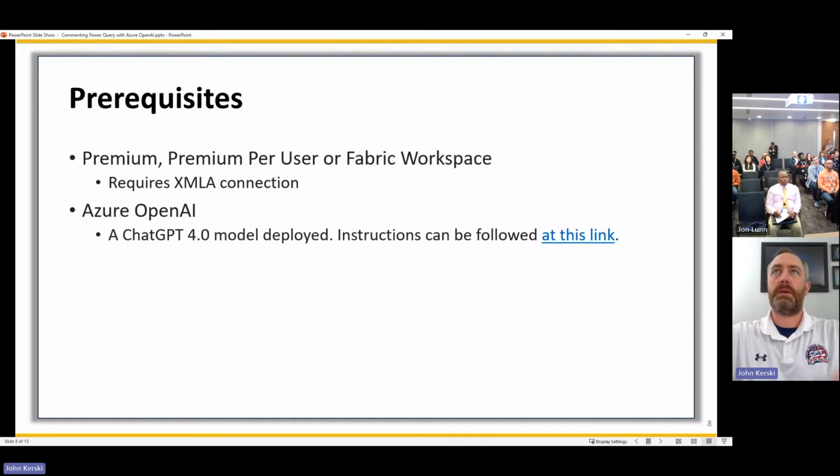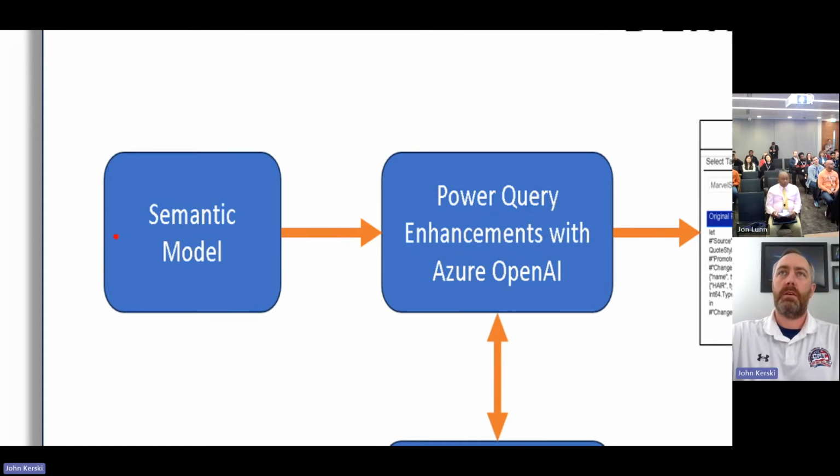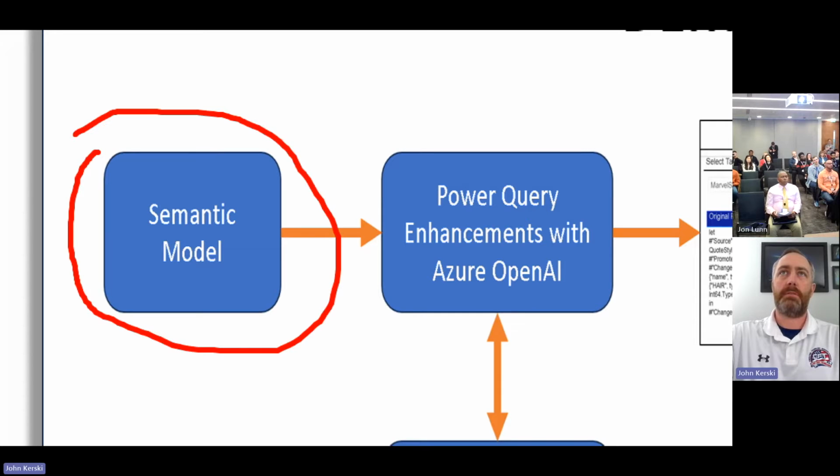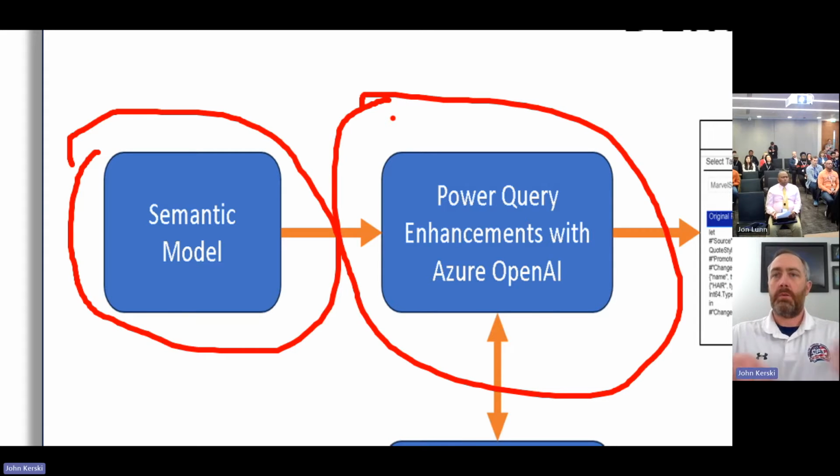Now, in terms of the demo, we're going to take a semantic model, which is the sample model I'm using, and run it through a data flow. I've set up a Gen 1 data flow, not Gen 2, for right now, because Gen 1 is still the most accessible to most teams. The reason we want to use a data flow is that it is a little more stable in terms of dealing with API calls.